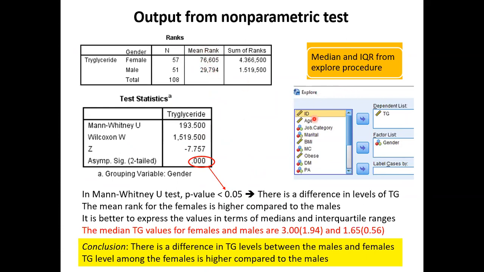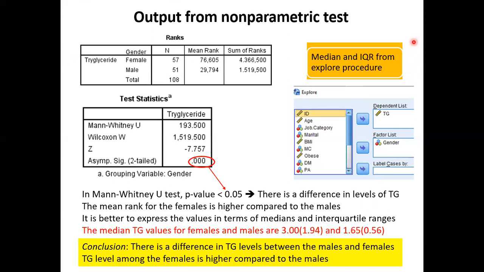So we're going to use the explore procedure to get the median values for the males and the females. My conclusion, there is a difference in TG between males and females. I don't use the word mean here. I say the TG level among the females is higher compared to the males, 1.65.